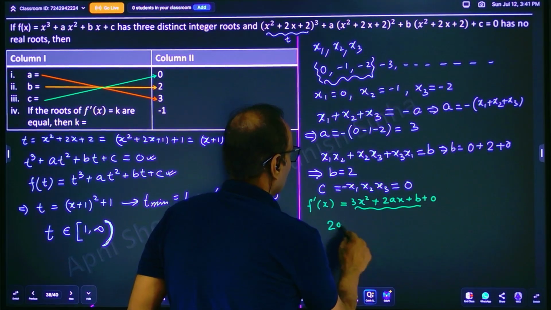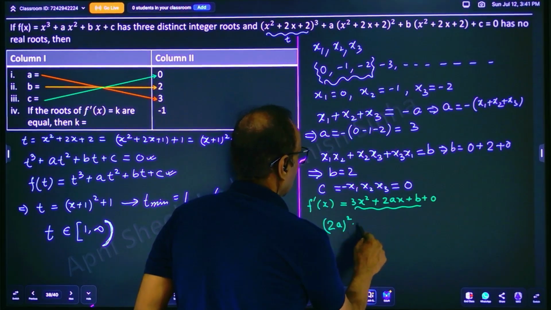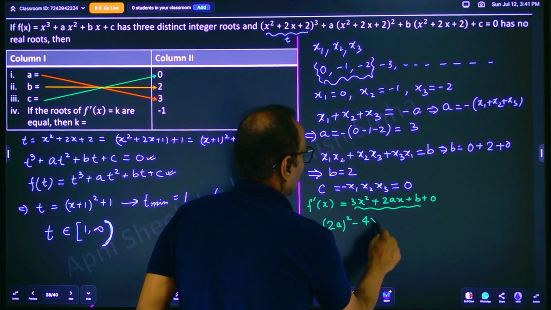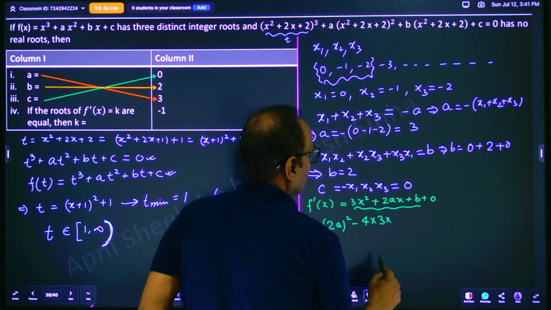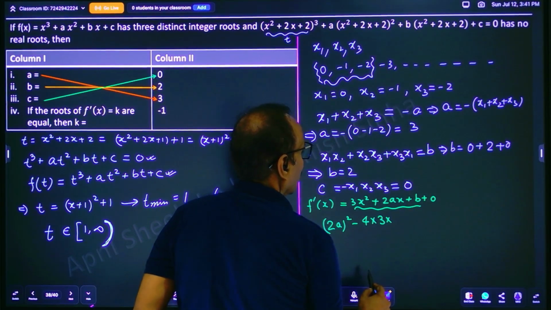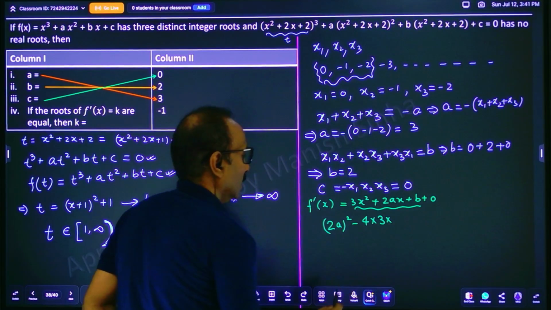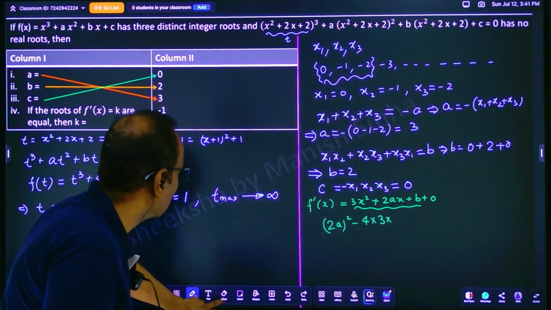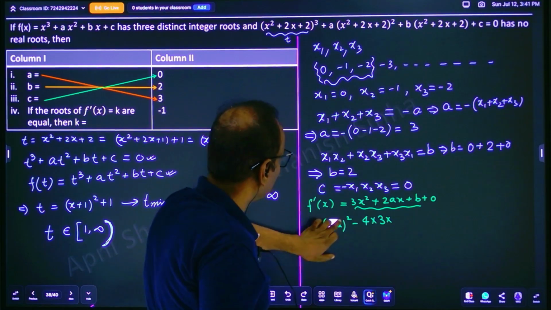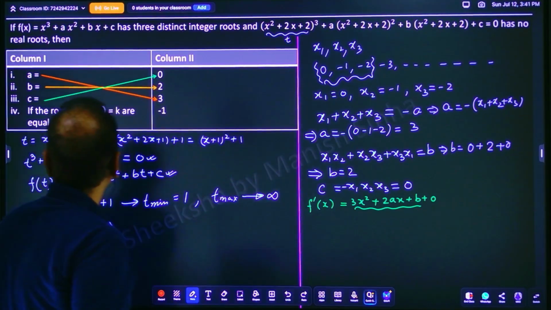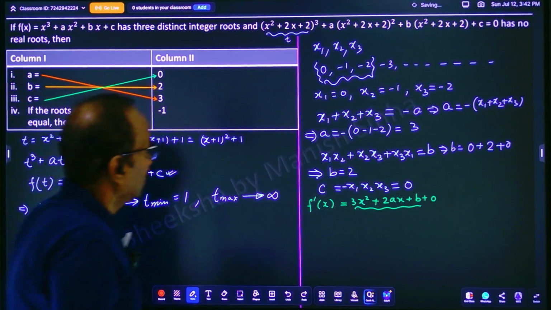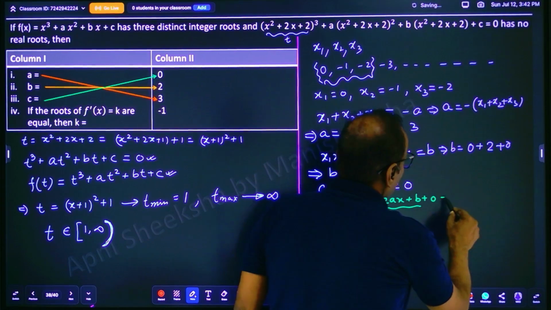B square, that is 2a square, 4 into a is 3. Sorry, this is equal to k, it is given in the question, sorry.